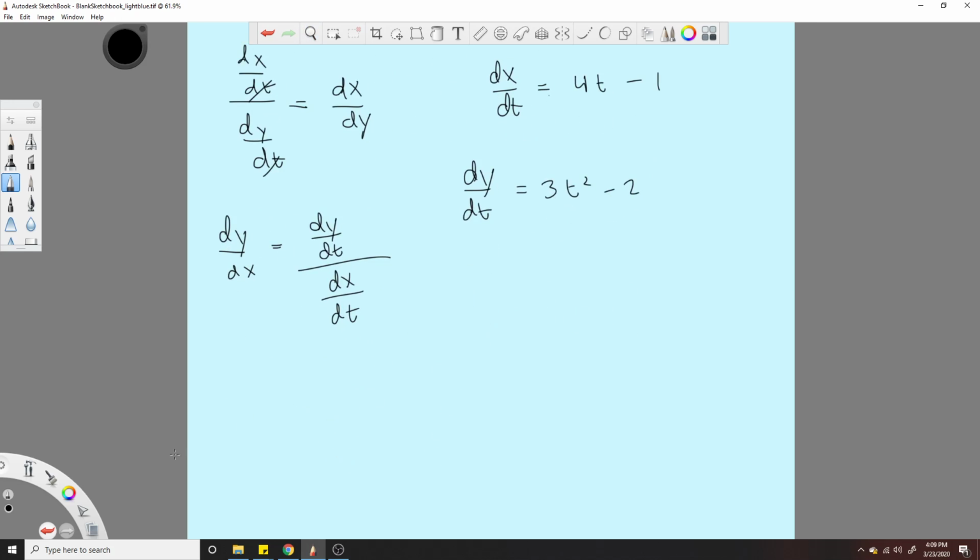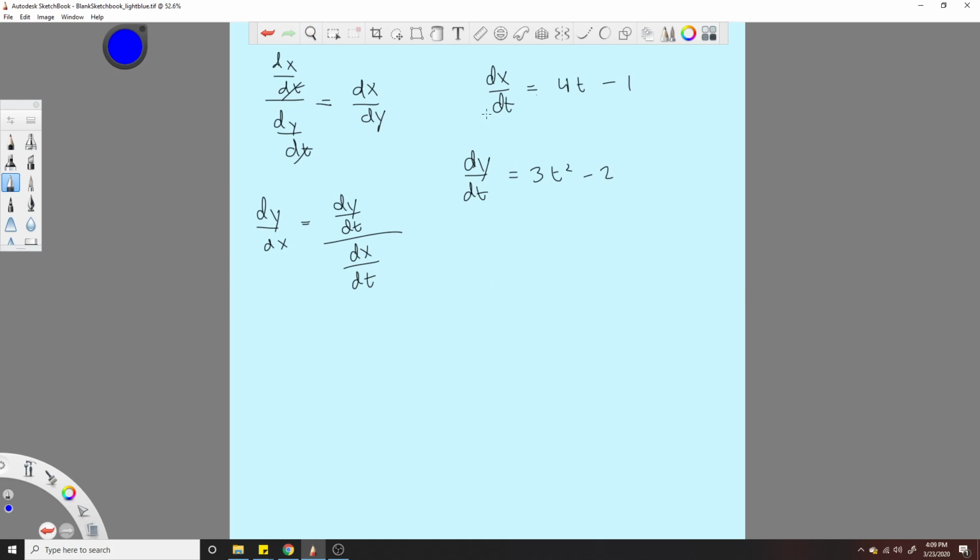Okay? So, switch my color to blue. We will take dy/dt, dy/dx will equal our dy/dt. We plug that in, oh, screwed up again. dy/dt, plug it in right here: 3t squared minus 2 over dx/dt.